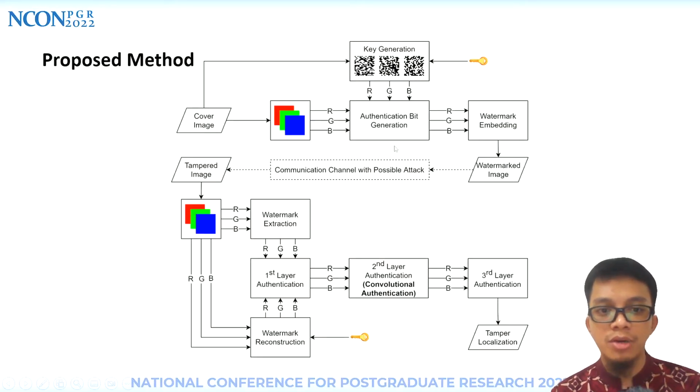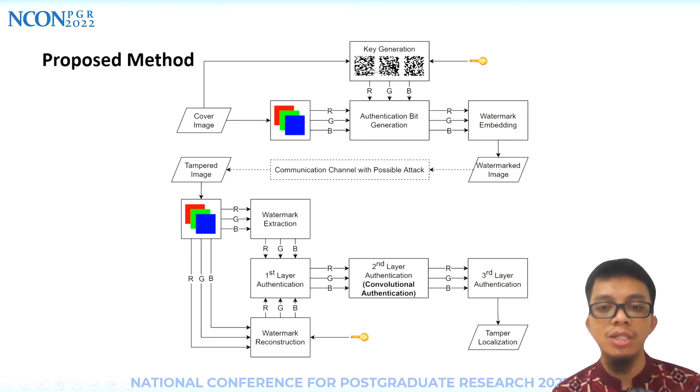Our proposed method is as follows. At first, we divide the cover image into three channels: red, green, and blue. And then we generate the authentication bit. The authentication bit is also generated based on a key. A key is an integer whose value will create a random noise.